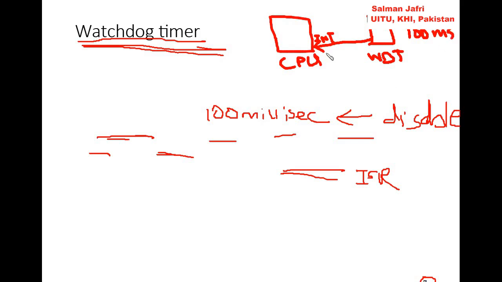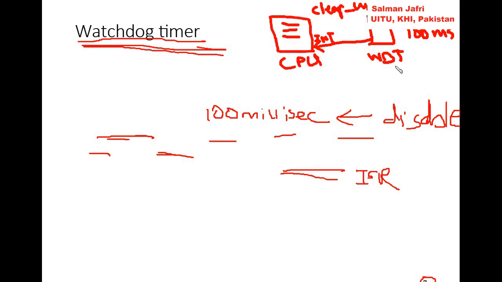What happens? The CPU performs code, and well before 100 milliseconds, the CPU executes the clear watchdog timer instruction. What does the clear_watchdog_timer instruction do? As the name shows, it sets the watchdog timer to 0.